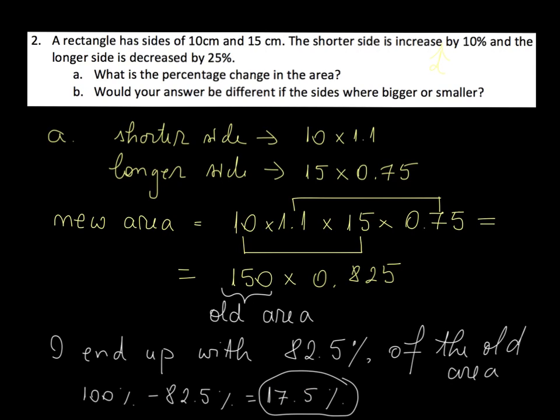No matter what my starting sides are, if I increase one by 10% and I decrease the other by 25%, I still end up with a 17.5% decrease in the area.